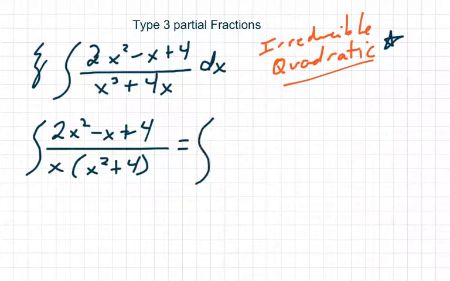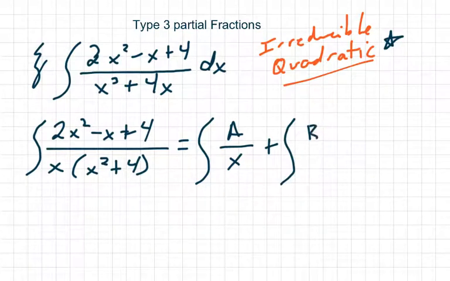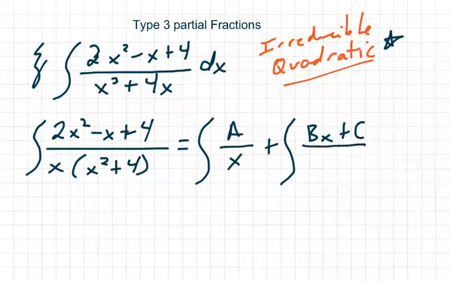So we still set up our linear part, so A over x plus. Now I'm on to the next factor, which is an irreducible quadratic. And you set this up like this: Bx plus C over whatever that factor is.